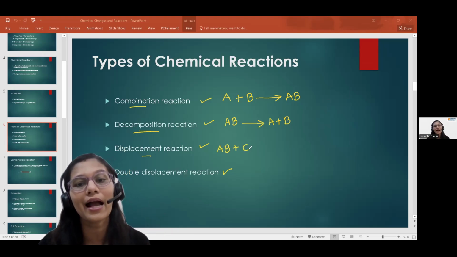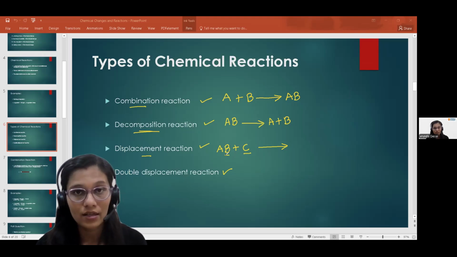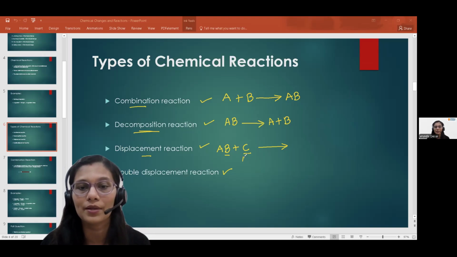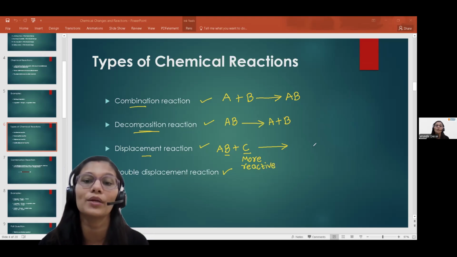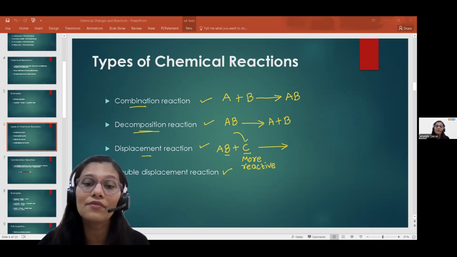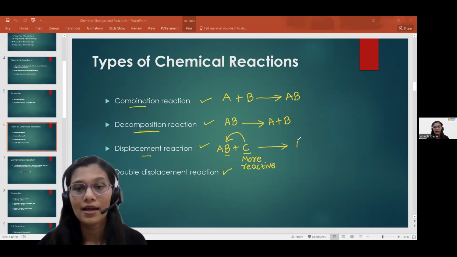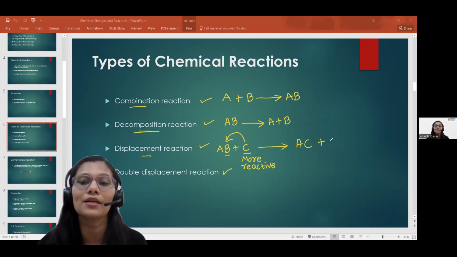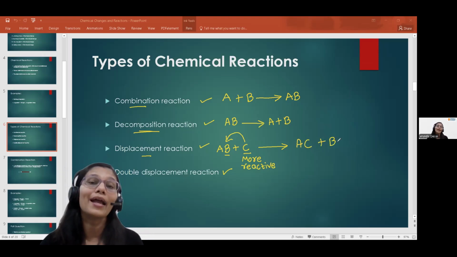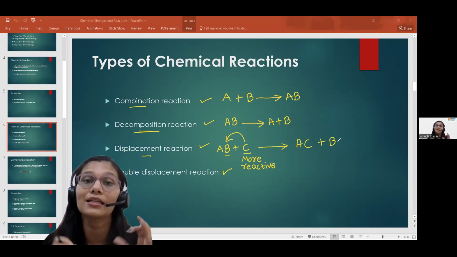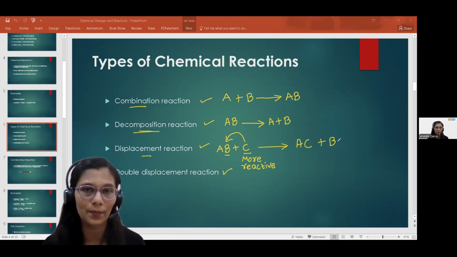When AB reacts with C, if C is more reactive than B, then C will take the place of B, and now we will have AC plus B. So the more reactive element replaces the less reactive element from its compound.